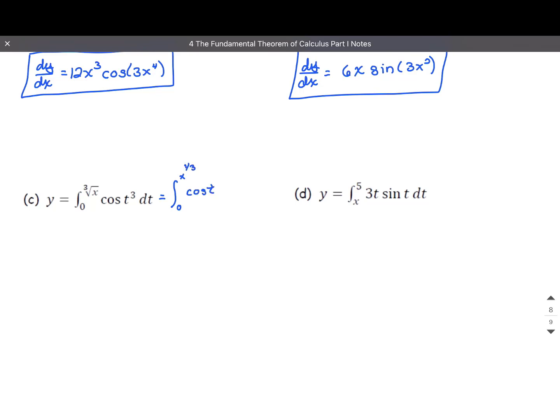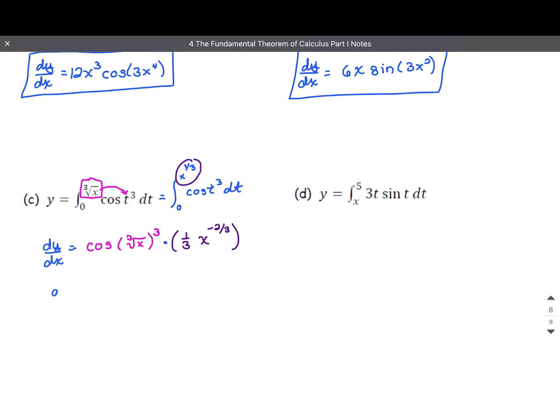When we take this derivative, dy/dx, we take this cube root of x and substitute it in for t, so we have the cosine of the cube root of x being cubed, times the derivative of x to the 1/3. Now the derivative of x to the 1/3: we bring down the 1/3, keep the x, and subtract 1 from the exponent, that's negative 2/3.